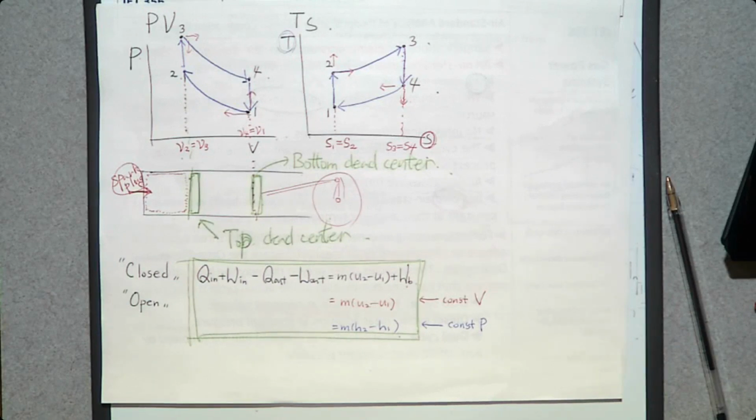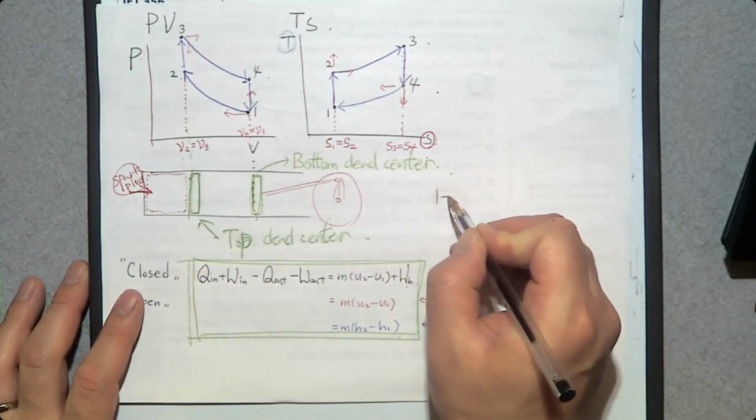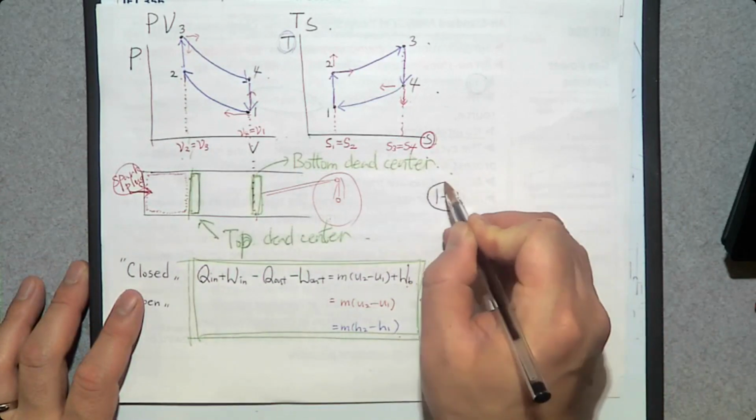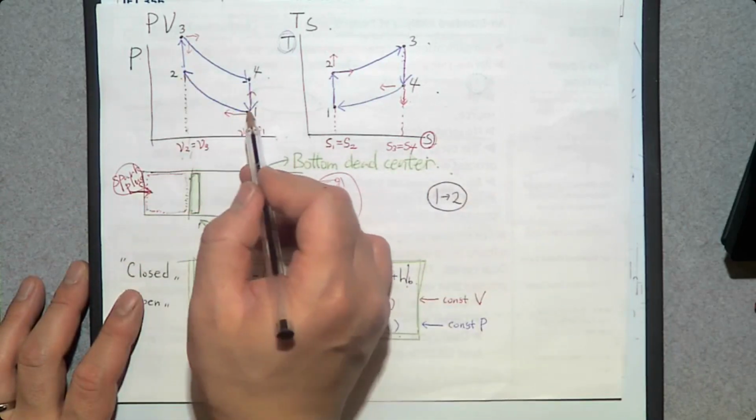So let's go with process 1 to 2. What is that? Isentropic compression. So there should be compression work. That is moving boundary work, right? So process 1 to 2. We have a moving boundary work. What about heat transfer? No, there's no heat transfer here.